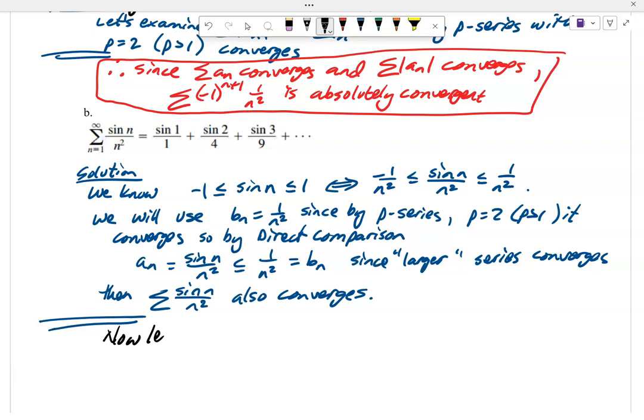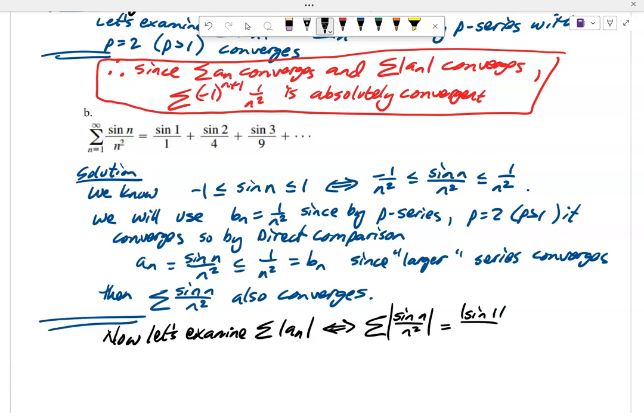So now let's examine the absolute value. So if this was just all positive values, right? No negative values on this. So the absolute value of sine n over n squared, well, that's the same as the absolute value of the top over the bottom, right?